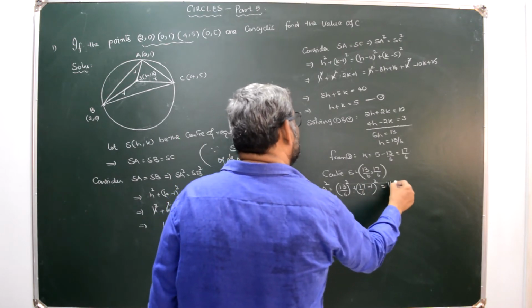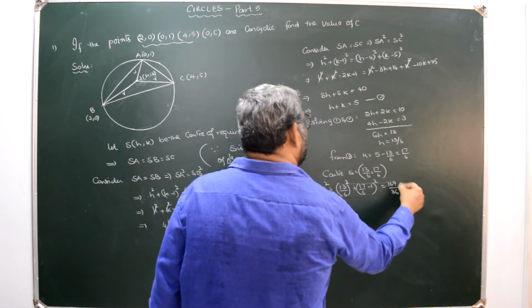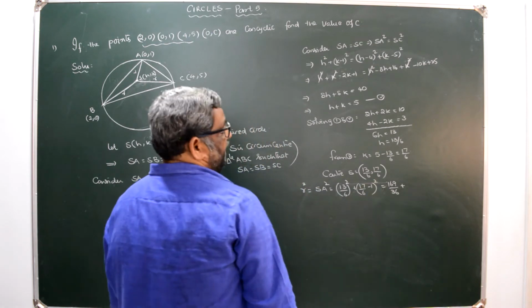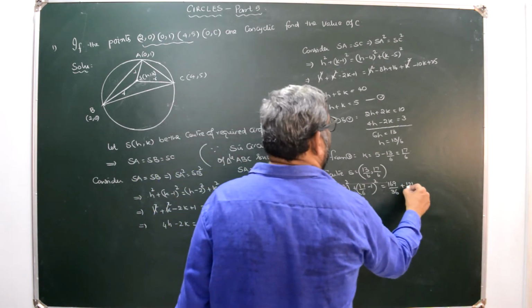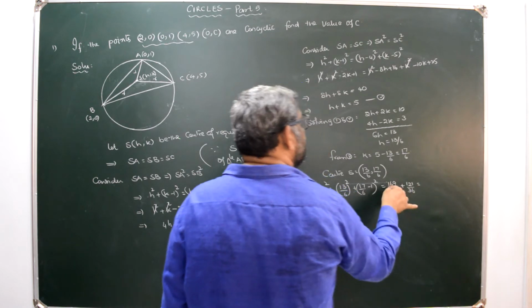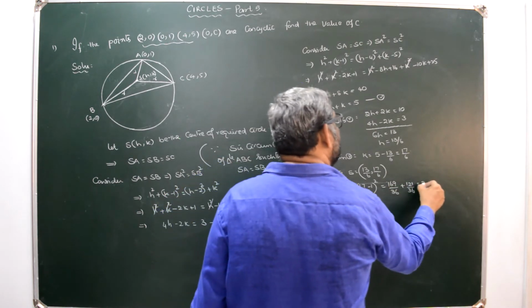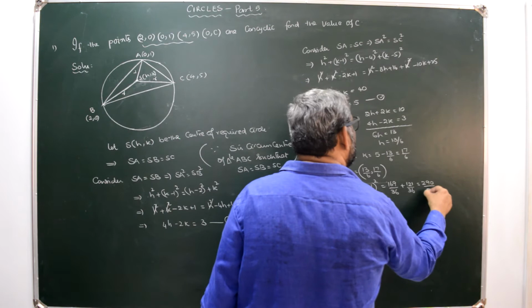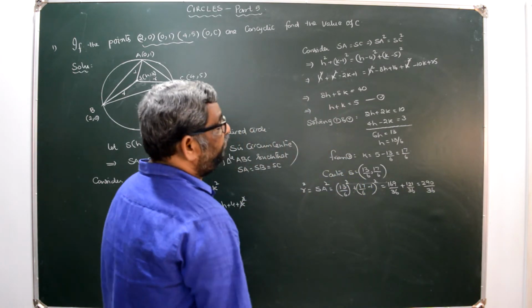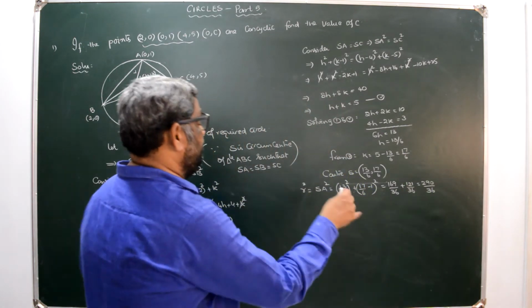This is 169 by 36 plus, 17 minus 6 is 11, 121 by 36. 169 plus 121 is 290 by 36. So this is the R square.